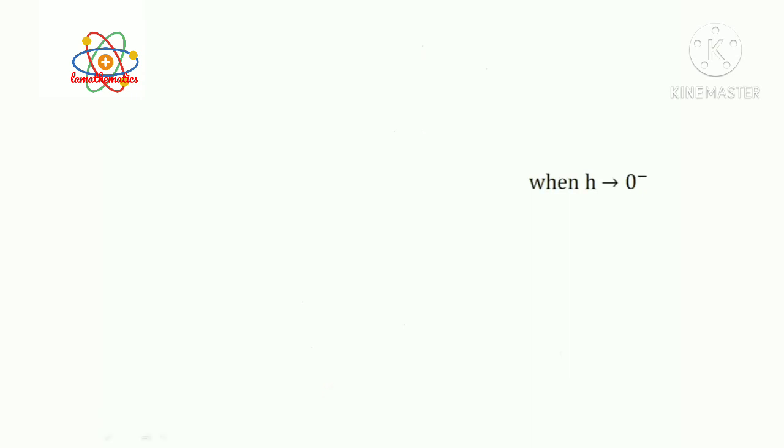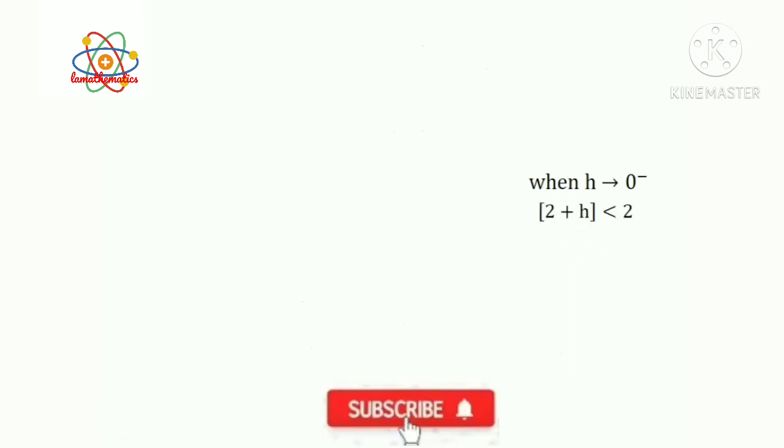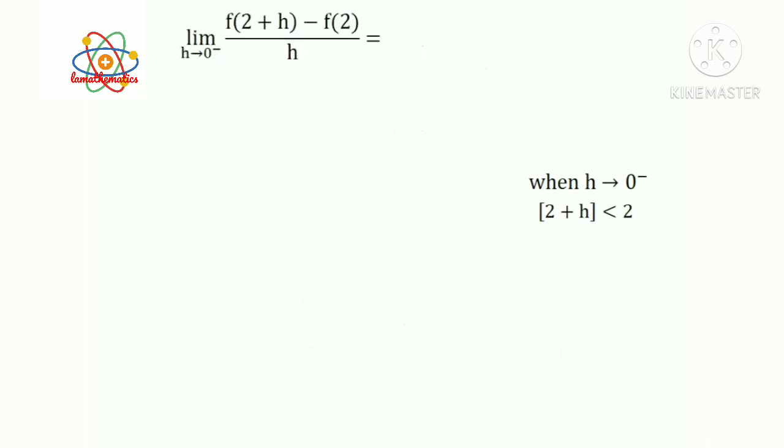When h tends to 0 minus, greatest integer [2+h] is less than 2, therefore greatest integer [2+h] equal to 1. Limit h tends to 0 minus [f(2+h) - f(2)]/h equal to limit h tends to 0 minus (-1)/h equal to infinity.